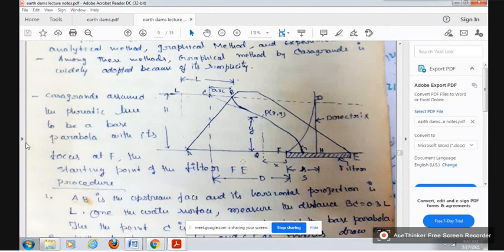Now with X1 plus S as the radius and F as the center, draw an arc, which will cut another point. That is another intermediate point. Like this, you can get several intermediate points and simply join all those points. That is called the top flow line or phreatic line. Got my point? Okay, but there is a small correction.